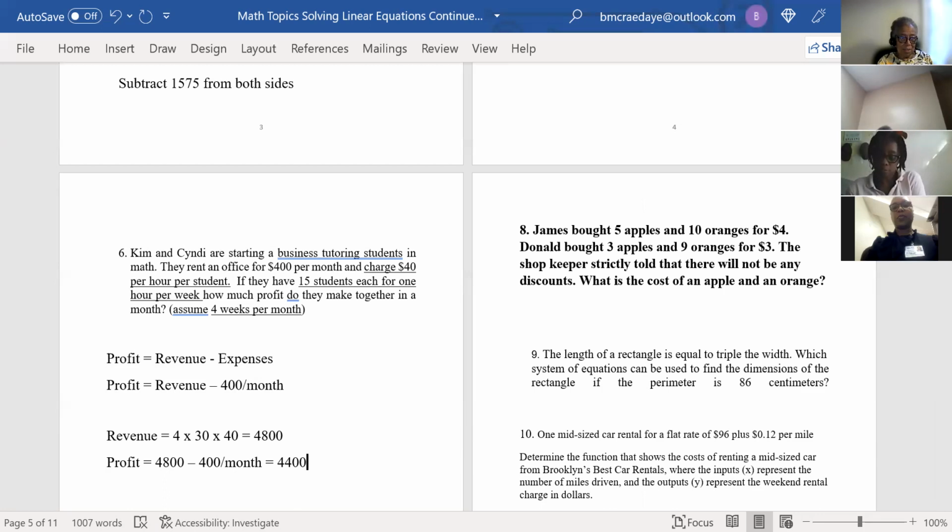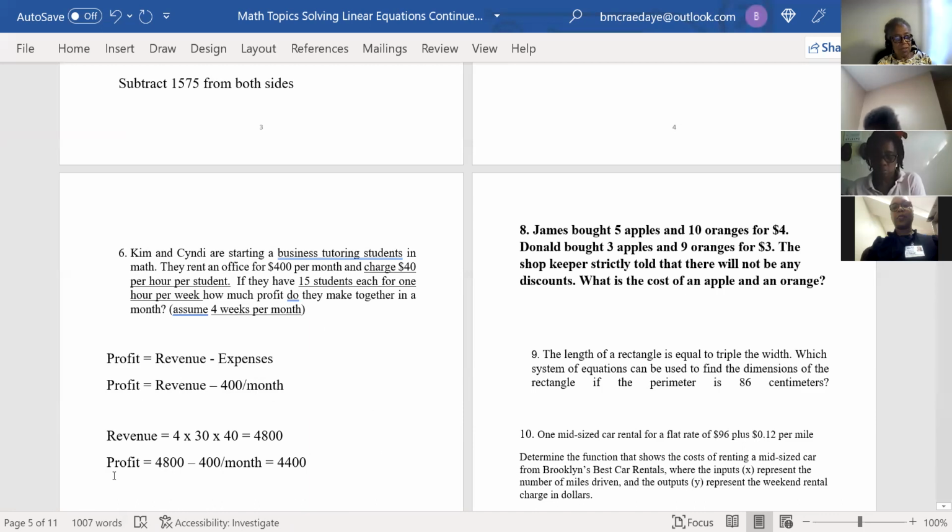Expenses were pretty clear cut. It's only the $400 rental, but the revenue you get from your students, and they are paying $40 an hour. So Kim and Cindy each have 15 students, so that's a total of 30. And for 4 weeks, and we're doing this per month, because remember your expenses is per month.